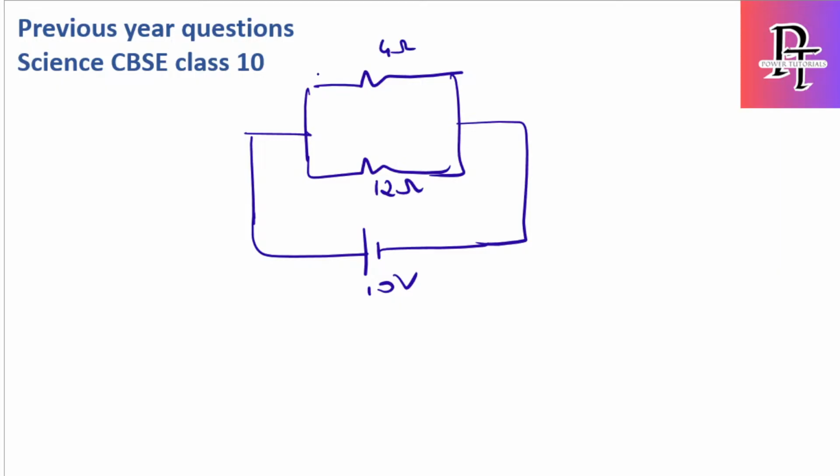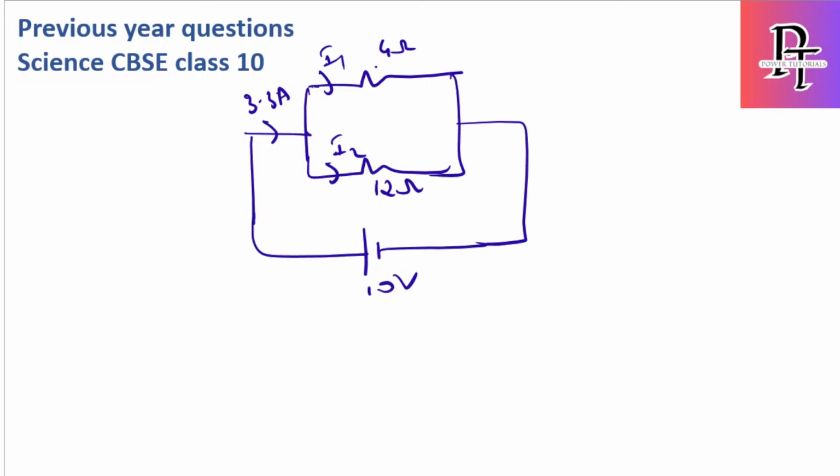I want these currents I1 and I2. The total current we already found, which is 3.3 amperes. That is correct. I want these two currents. Okay, let me answer then.